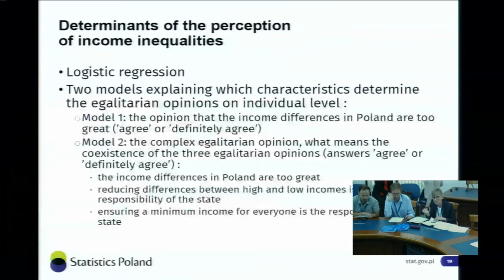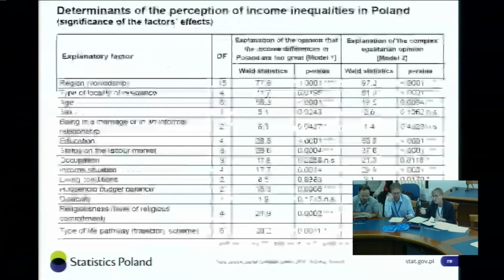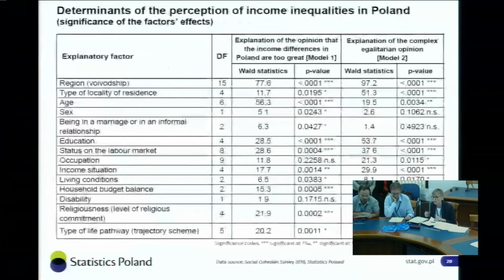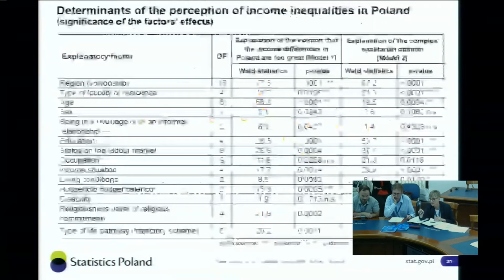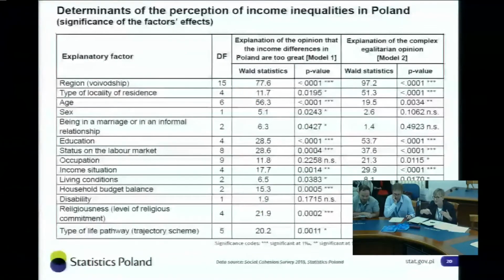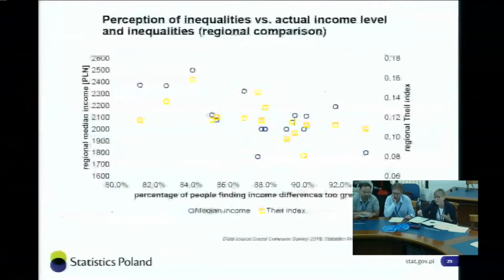We analyzed determinants of the perception of income inequality in Poland. You can see the results. I would like to draw attention to the most important determinant, region. You can see the list of determinants.